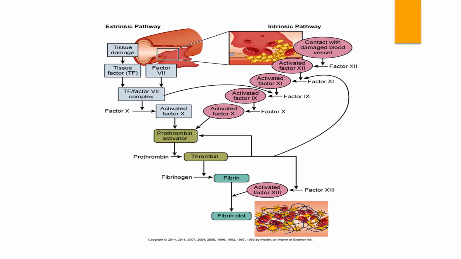So this is the same phenomenon. It's just that now because of the patient not having the factor and not having the ability to clot, or to form the fibrin clots, then the patient will start to bleed and will continue to bleed.